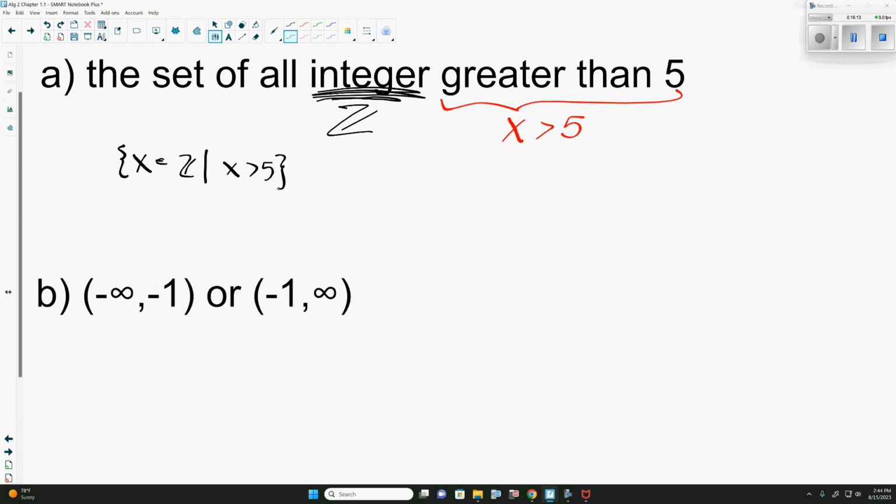Now, I did say we could write it out. So we could start off by saying brace x bar for the set of all real numbers x such that x is an integer and x is greater than 5.